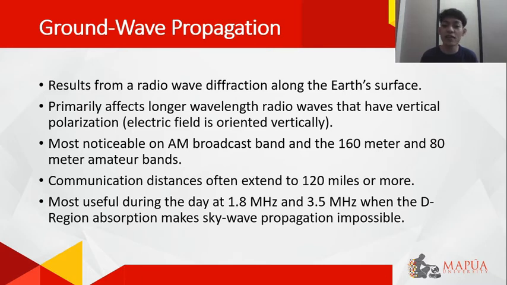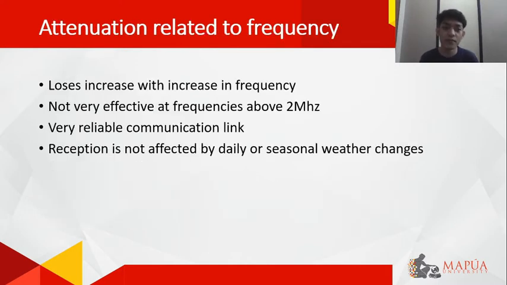Communication distances often extend to 120 miles or more with this type of propagation, and this is most useful during the day at 1.8 MHz and 2.5 MHz when D region absorption makes skywave propagation impossible. The attenuation related to frequency with this type of propagation is that losses increase with an increase in frequency.